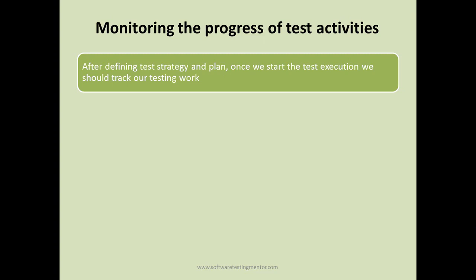It's not only specific to the test execution phase. Tracking is important in the complete software testing lifecycle. While you are designing your test case, while you are developing the test case, while you are doing execution, tracking of activities is very important in each and every phase.